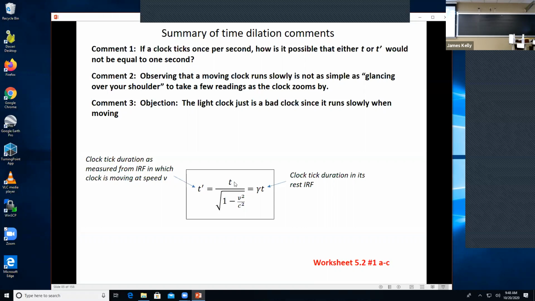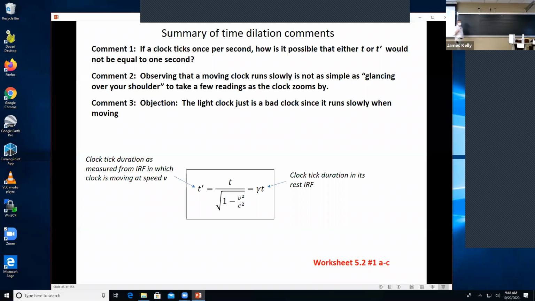Okay, and it's got this factor of gamma, 1 over the square root of 1 minus v squared over c squared. So it looks much simpler if you just say t prime is gamma t. If you know v, how fast the clock is moving, you can calculate gamma. And so sometimes it's convenient, rather than specifying v, what the speed is of one frame with respect to another, or the clock relative to the observer, to specify gamma.